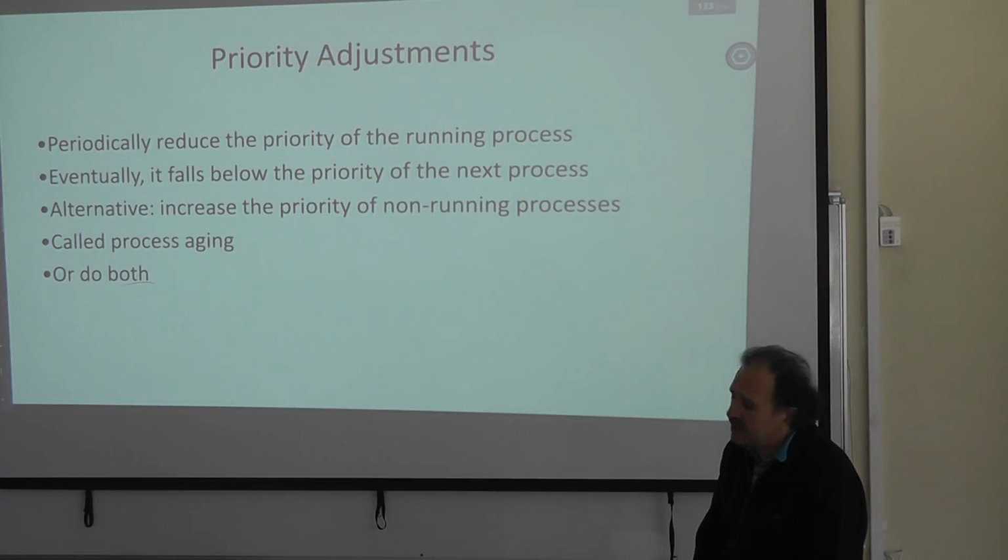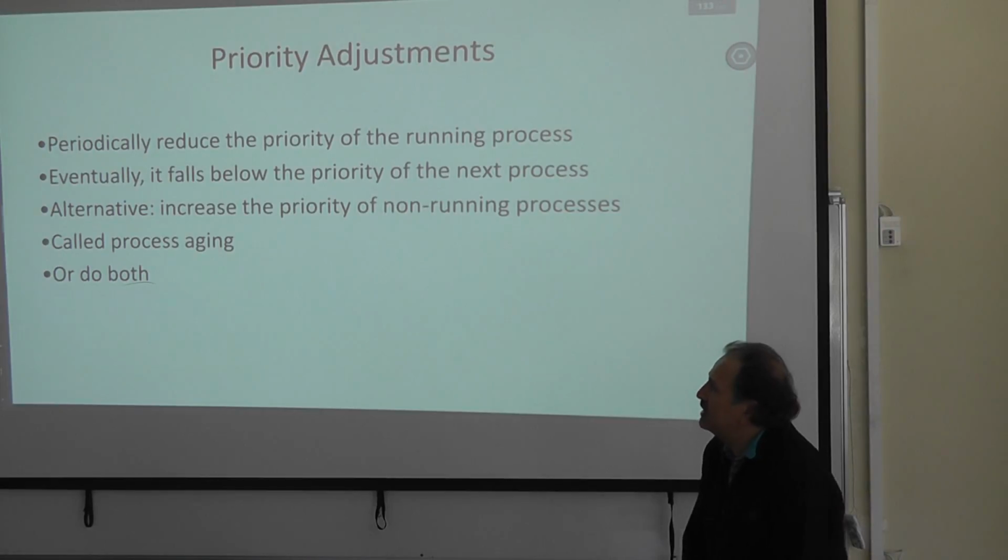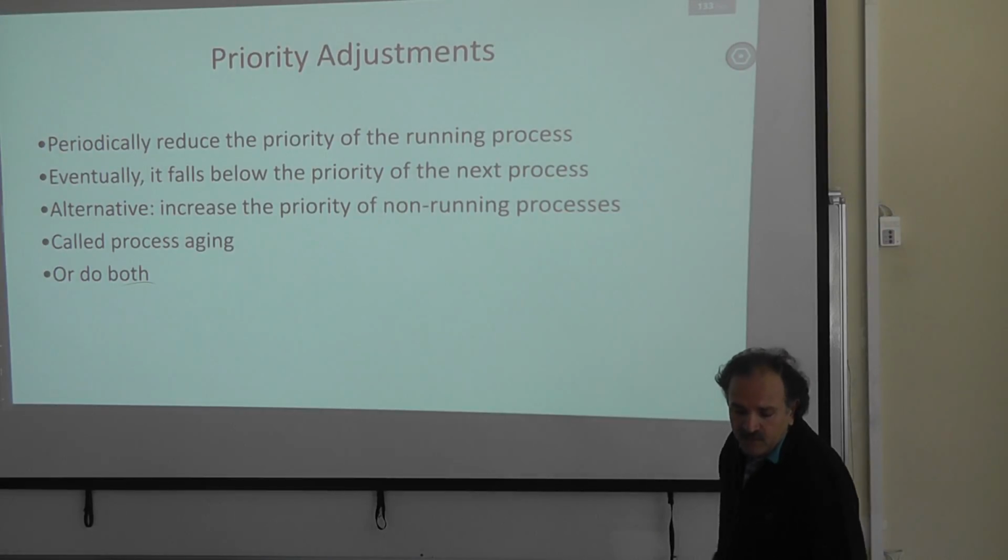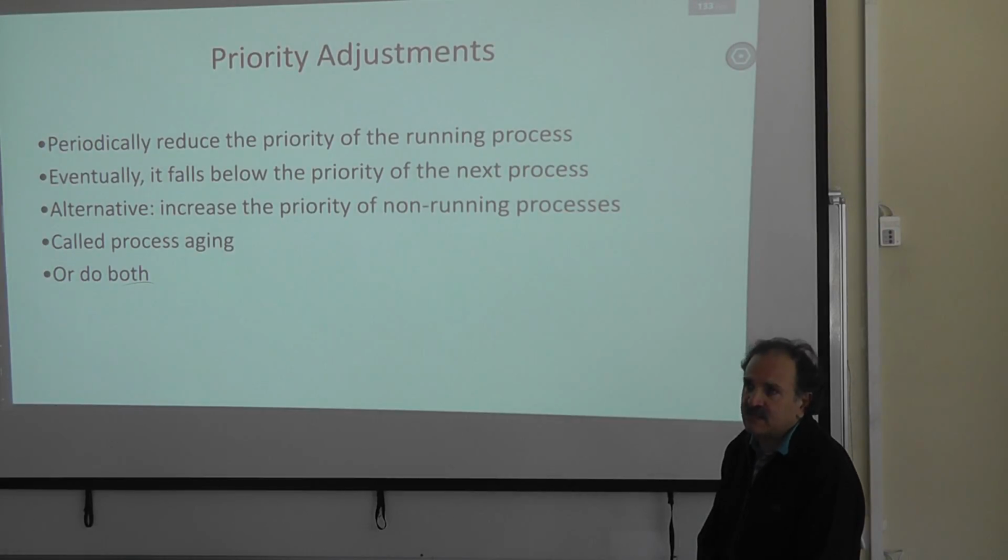So periodically, we reduce the priorities of the running processes, so that the lower priority jobs get some CPU time. If they run too much, their priorities will get lower and lower. At the end, eventually, it falls below the priority of the next process in priority.